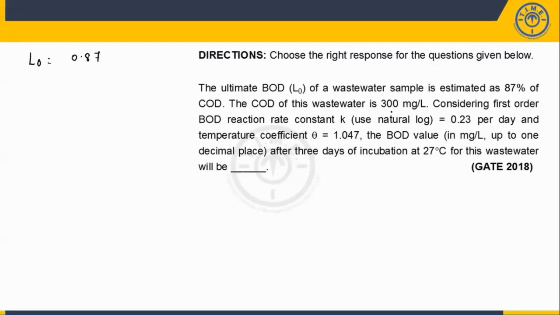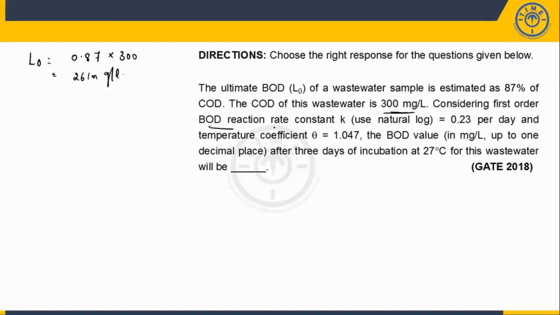The COD value given is 300 milligram per liter. So what is 0.87 into 300? 261 mg per liter.